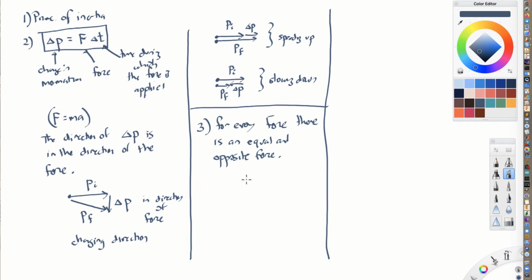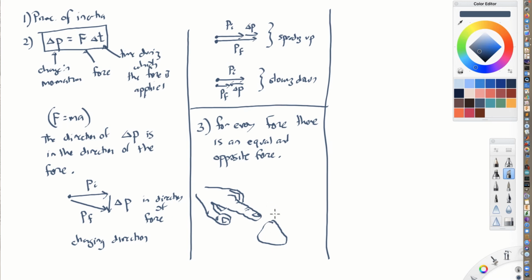Okay, now what is meant by this? Well, the example he gives is that if your finger is pushing on a stone, so I'm going to draw a finger. Okay, so here's your finger. If your finger is pushing on a stone, so there's a stone, your finger pushes on a stone, then the stone pushes back on your finger.